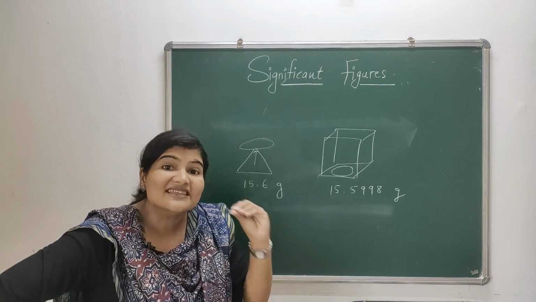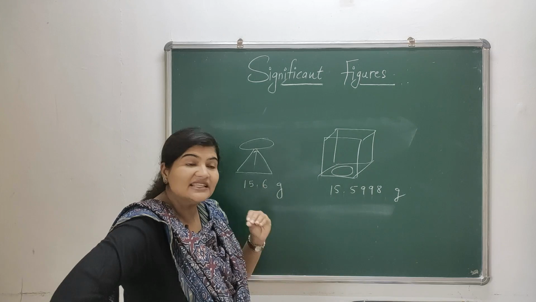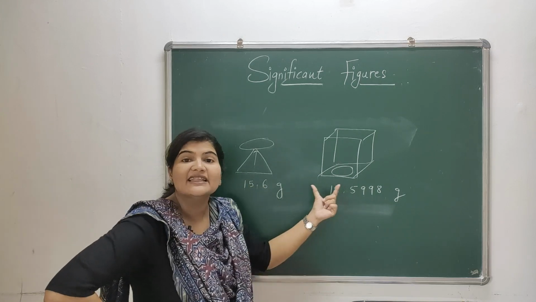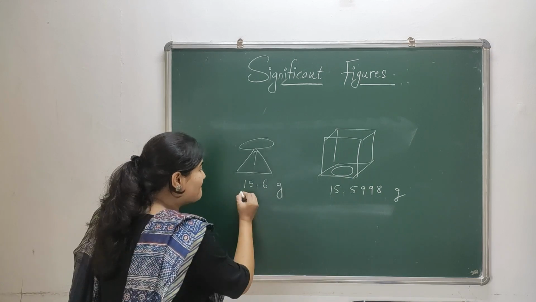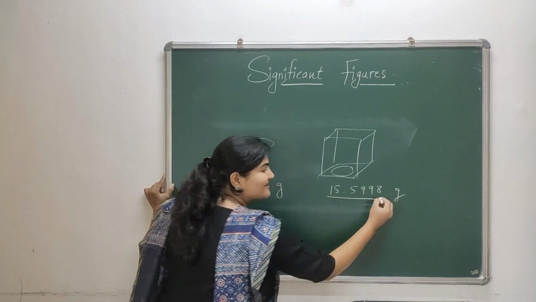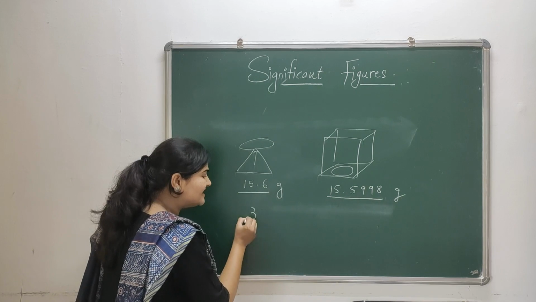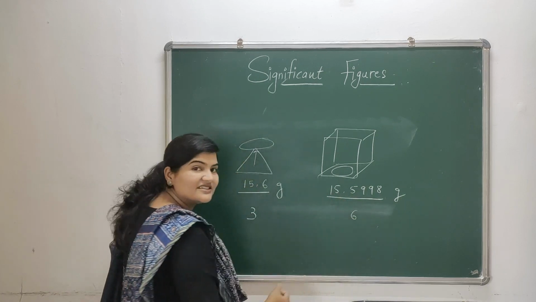I have taken the same sample and weighed it on a rough balance and an analytical balance, and see, in my results the number of digits are different. Here I can see 3 digits, here I can see 6 digits.